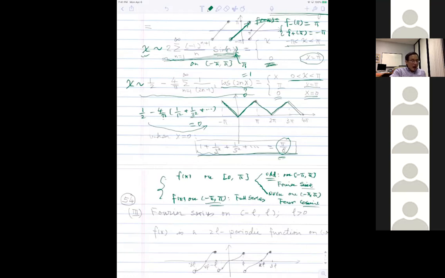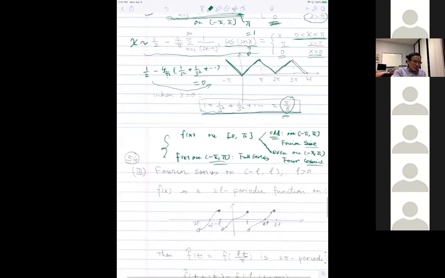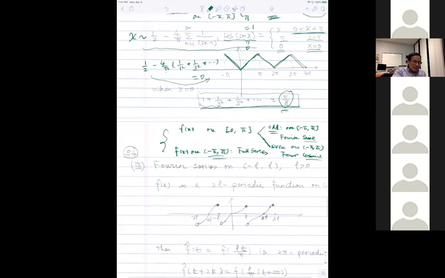Now, what we are going to do next is find the Fourier series on an interval, not necessarily from negative pi to pi, but from any negative L to L. So we generalize this from negative pi to pi.